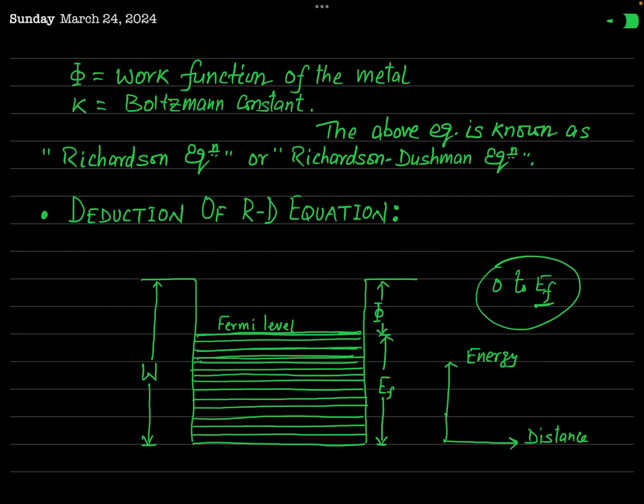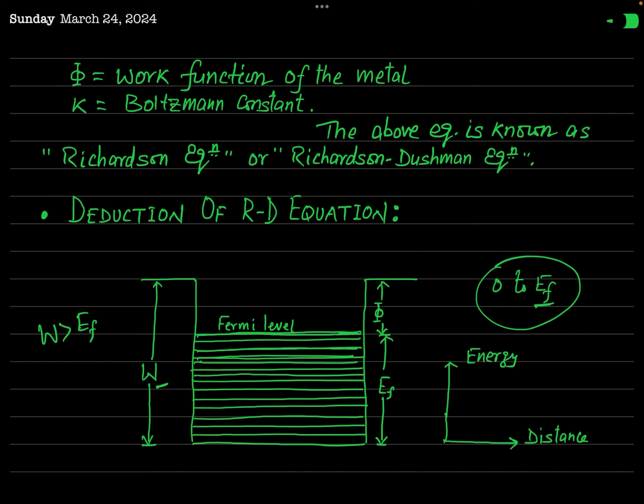So the highest energy of an electron in this specimen is EF, but you have learnt in the Sommerfeld model that the potential inside the metal is uniform, is constant, and that potential I have shown in this figure is equal to W. And you can see the height of this potential W is greater than EF. W is greater than EF.